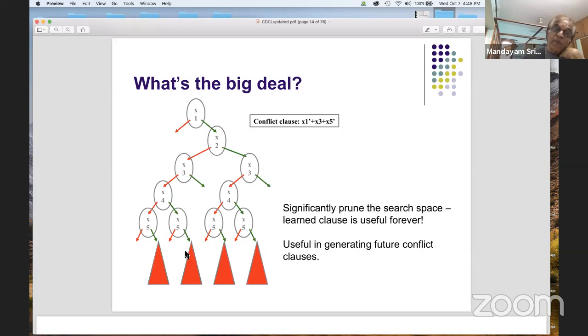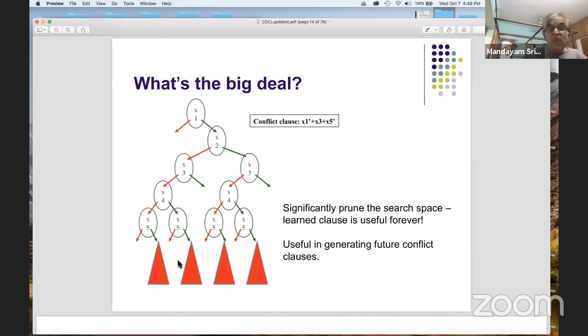The other thing is that maybe the only satisfying solution is here on the right side of the x3 branch. While it is nice to backtrack one level at a time, after you explore all possible combinations below that level, which guarantees termination of this proof search, what if the only solution is here?